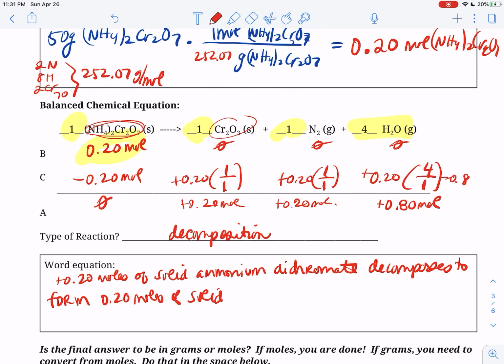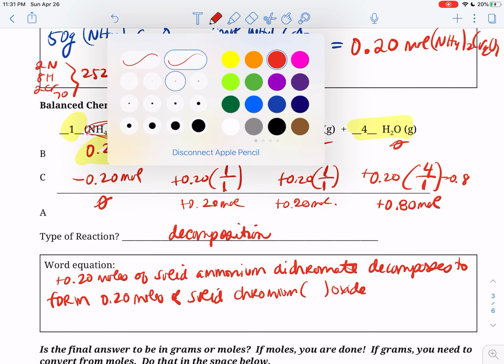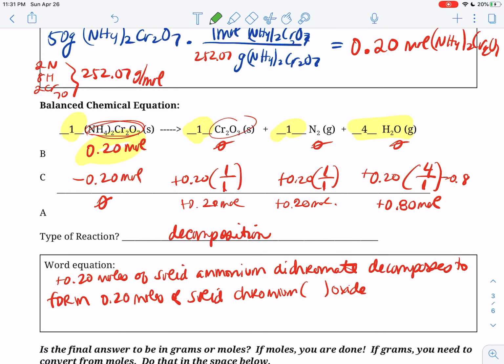Now what's this guy? This Cr2O3. Cr is chromium, and O is oxide. But you're going to have to recognize that one as one that's going to have a Roman numeral, because chromium is a transition metal.